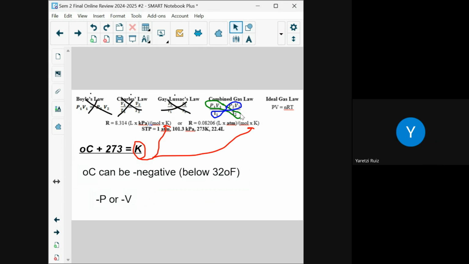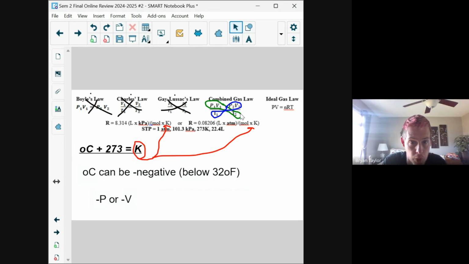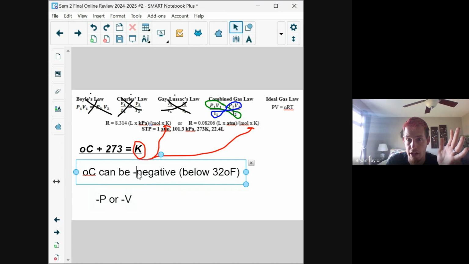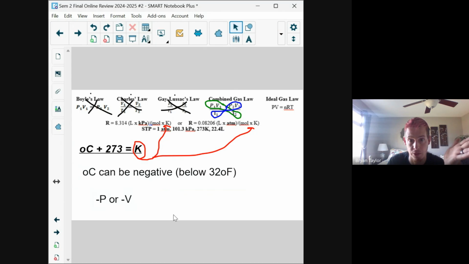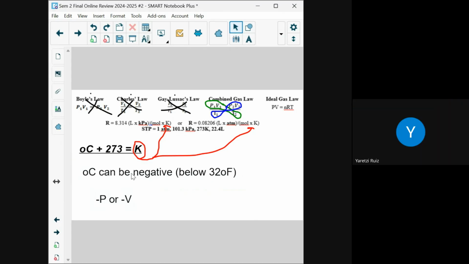It doesn't exist. Obviously 32 degrees Fahrenheit is a real temperature. It's not that hard to do. There are places on the planet right now that are 32 degrees Fahrenheit with no manipulation. That's just what the weather is right now. That's an issue. And it can go negative. There are thousands of miles on this planet right now that are negative Celsius or below 32 degrees Fahrenheit.